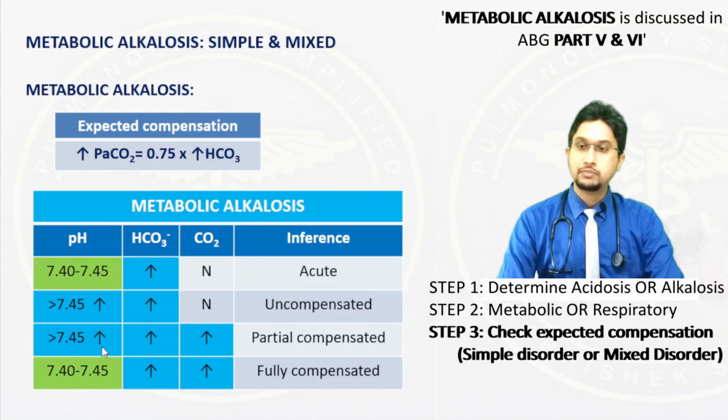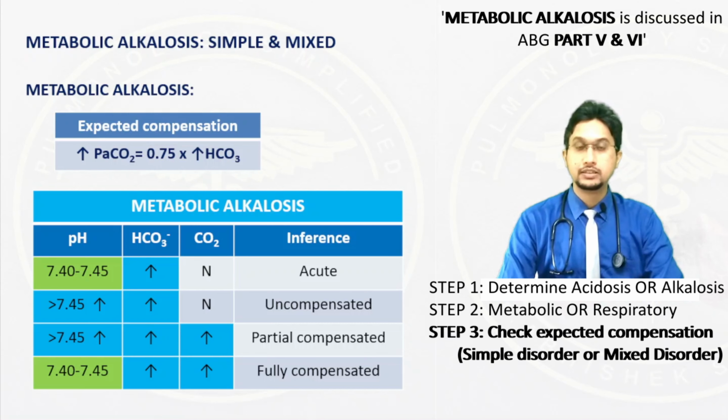And note that in metabolic component, all the arrows are in the same direction. It is called a simple metabolic alkalosis when only bicarbonate is elevated and the carbon dioxide is normal. Now, whenever you have both carbon dioxide and bicarbonate elevated, it can be either a simple or a mixed disorder. That is where you apply this formula of expected compensation.